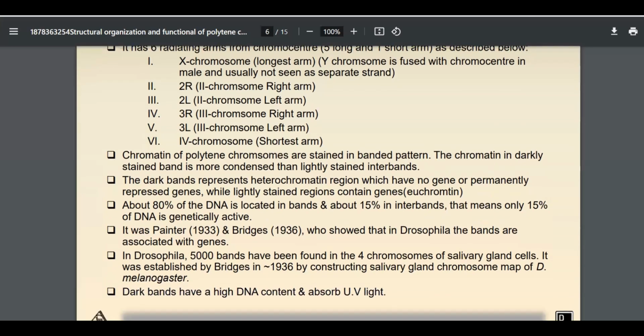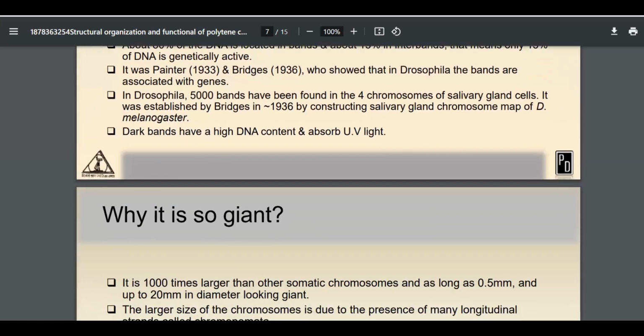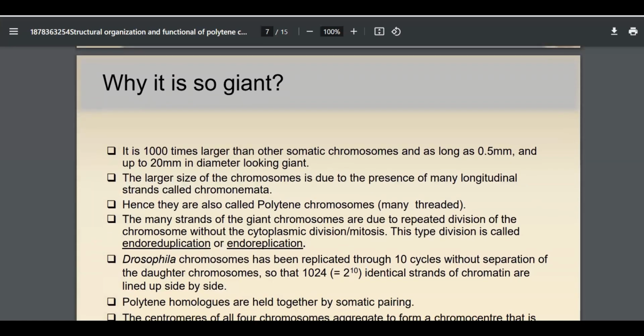So what they observed is more than 5,000 bands, and yesterday we saw how they are differentiated. 5,000 means 1,200 are dark bands, 2,400 are the interbands, the gray bands, and the rest of them are duplicates, right?